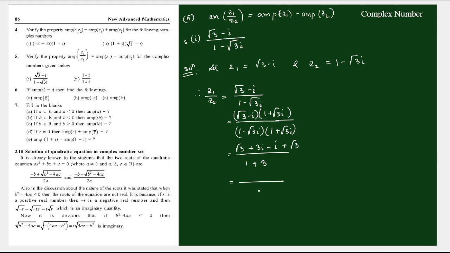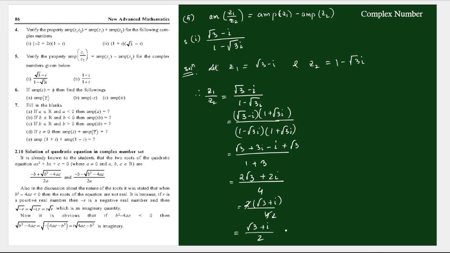Chalo, this is your 4, we get 2√3 plus 2i, we can take 2 common. Here we got √3 plus i by 2.